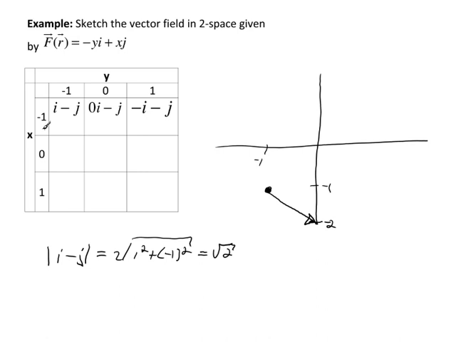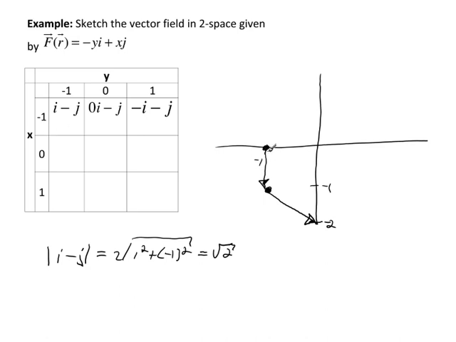When x is -1, y is 0, I'm right here. This has no x component, but the y component is a -1, so it's going to be like this.